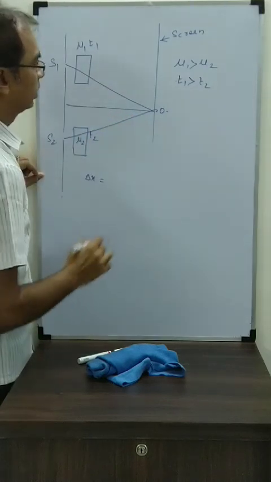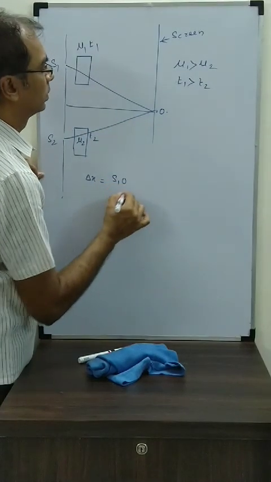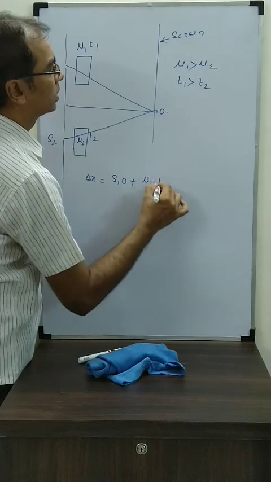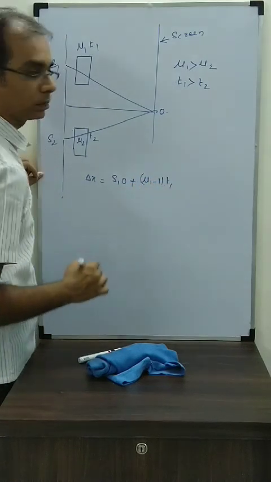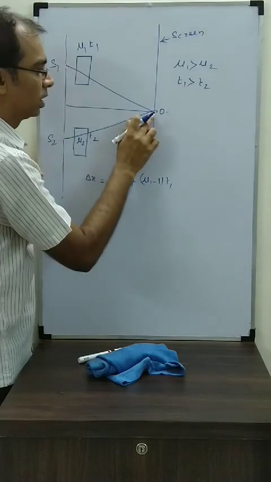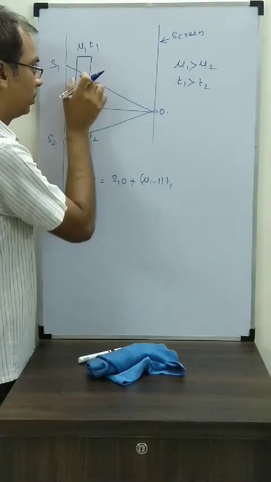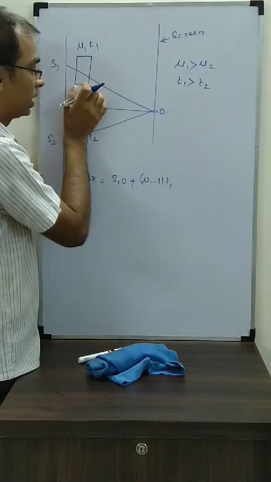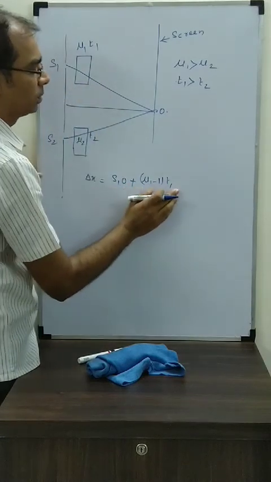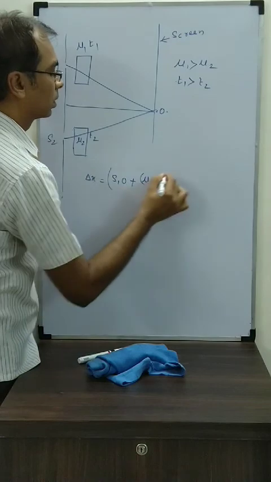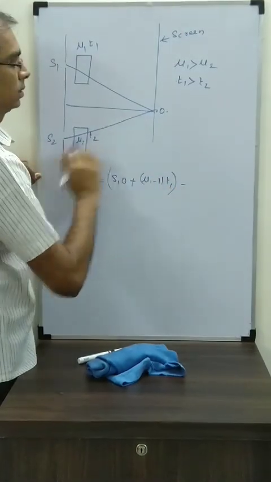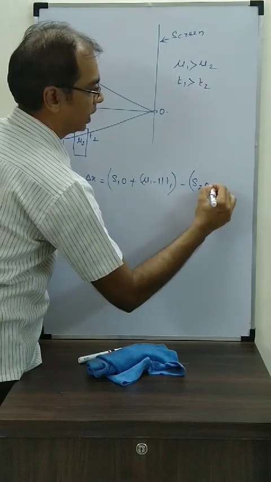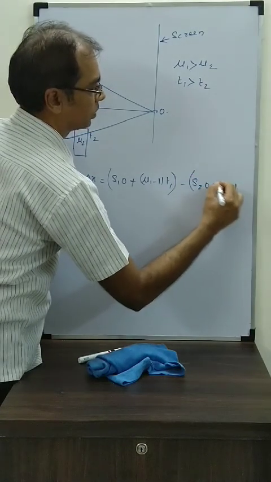First I am writing this one: the geometrical path S1O plus, because of going through this one, how much extra the ray has to move? (mu1 minus 1) into t1, minus this one, S2O plus (mu2 minus 1) into t2.